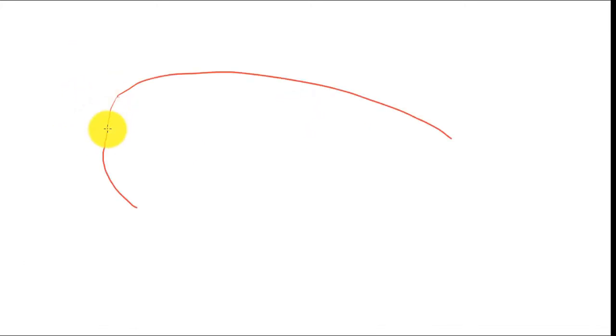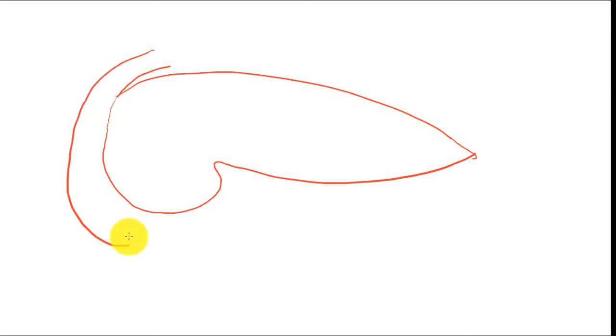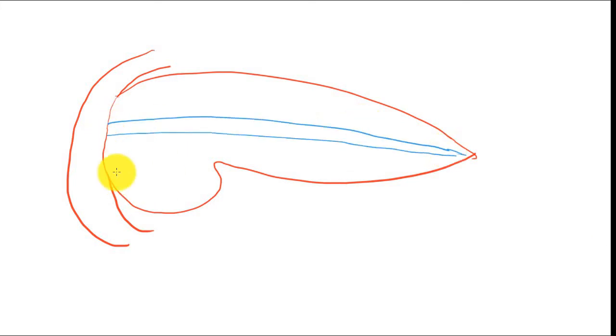So okay, let's revise it all again. This is pancreas, and this is duodenum. This is the duct of the dorsal bud, and this is the duct of the ventral bud. They communicate with each other like this.